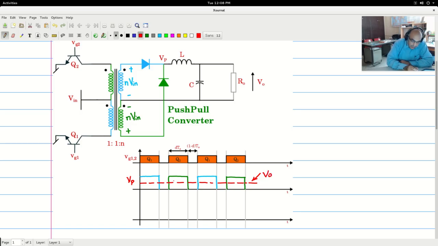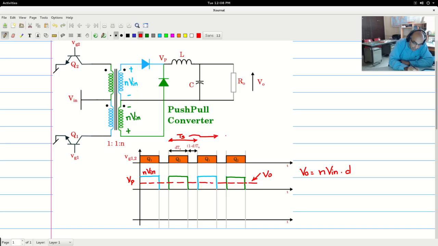And I know that the high time is dTs and the low time is 1 minus dTs, and the average is given by n times Vin into d. Now this is n times Vin. Now d as defined here, where the Ts is one period of the pole voltage.